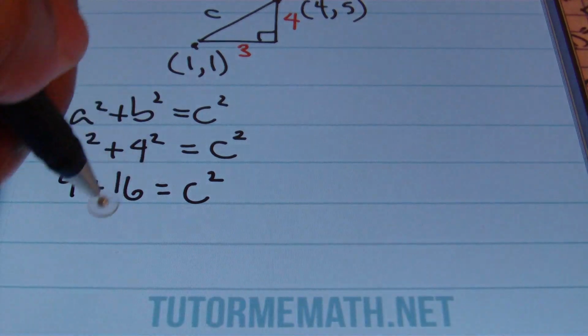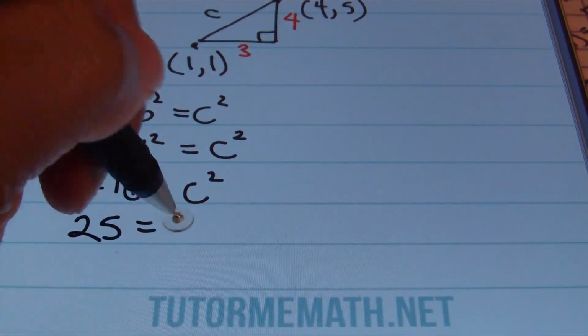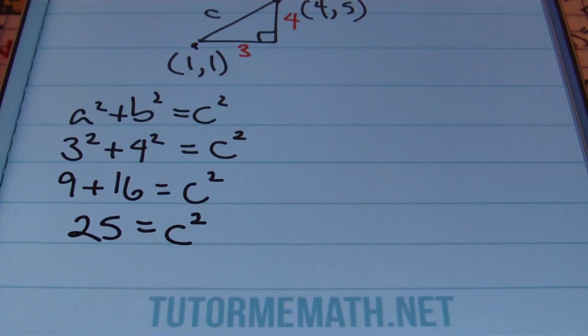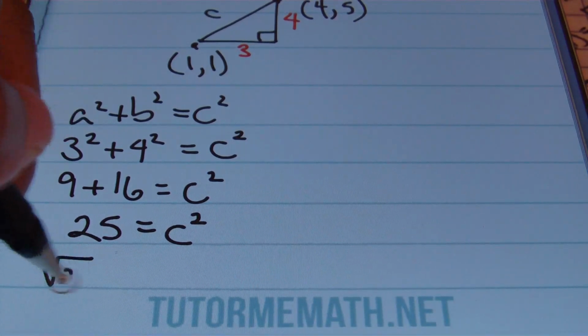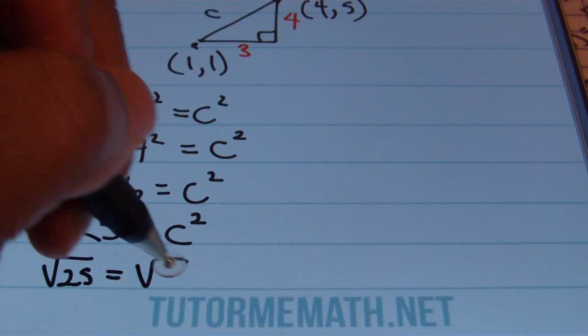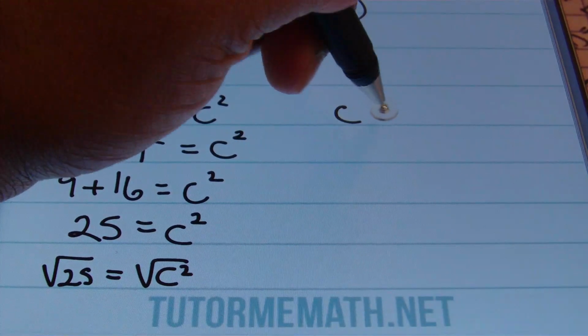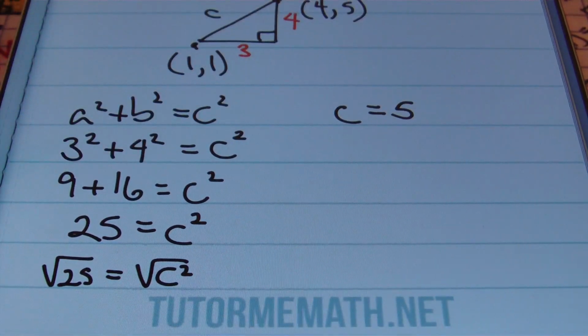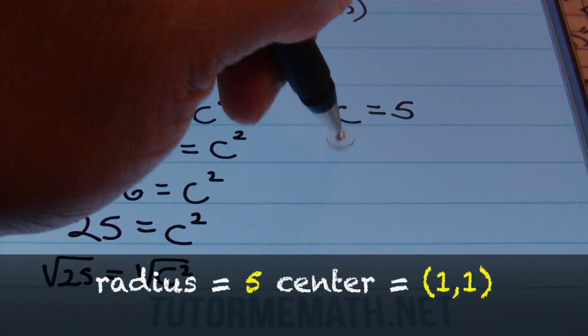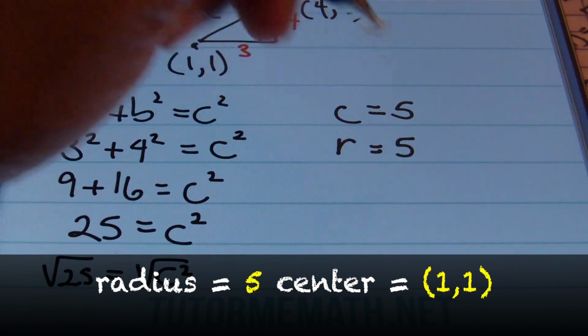Adding 9 plus 16, we get 25, and that equals our hypotenuse squared. In order to solve for c, you're going to take the square root of both sides. So the square root of 25 is going to give us a value of 5 for our hypotenuse. This value of the hypotenuse is the value of your radius. So we know that the radius is 5 now.